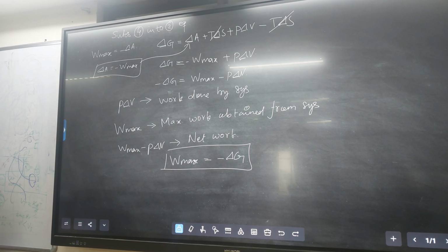Or we get the maximum useful product from the system when the Gibbs free energy decreases. So this is one question. Maybe they ask the significance of Helmholtz free energy, otherwise the significance of Gibbs free energy.